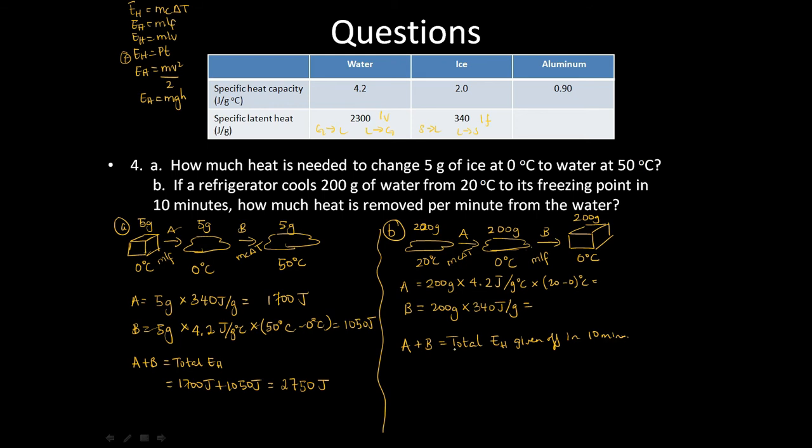Okay, so if we work out these separately, we get 200 times 4.2 times 20 to give us 16,800 joules, and then we have 200 times 340 to give us 68,000 joules.